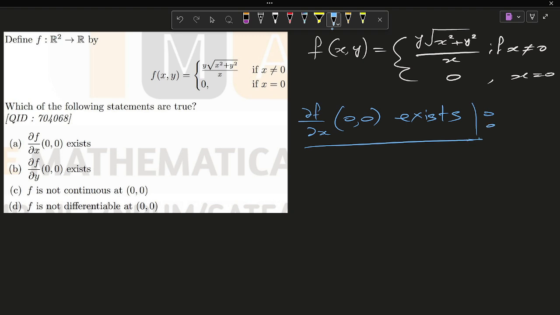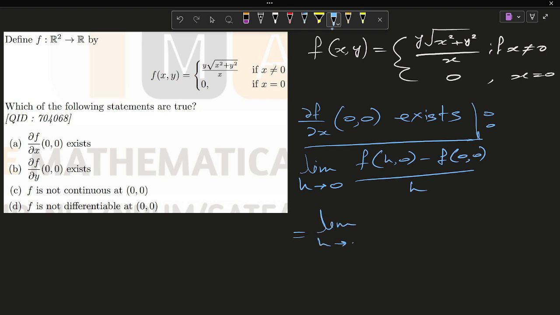We can write this as the limit h tends to 0 of f(h, 0) minus f(0, 0) by h. Here f(0, 0) is 0, and f(h, 0) will be 0.